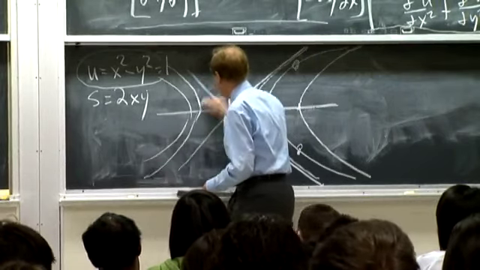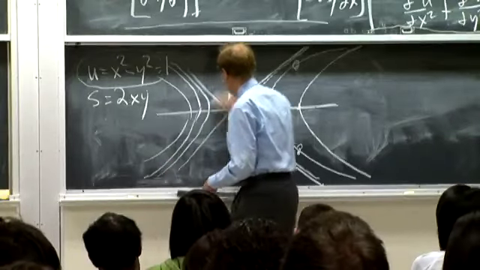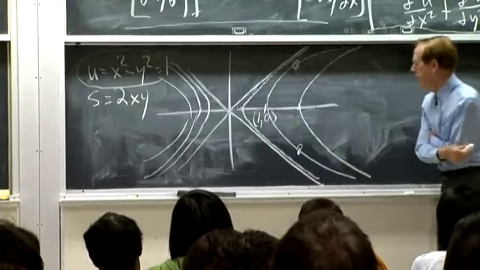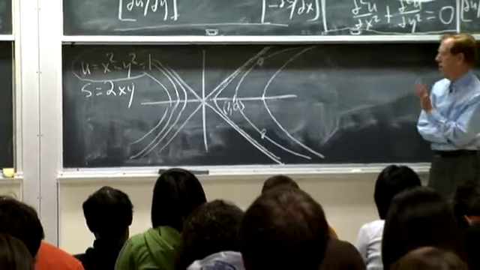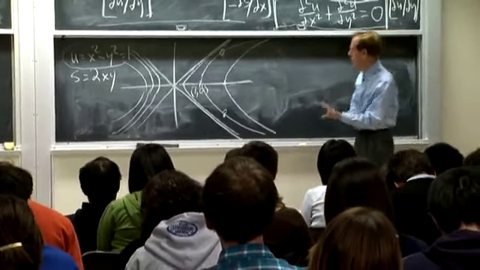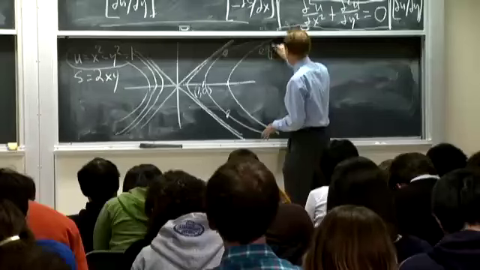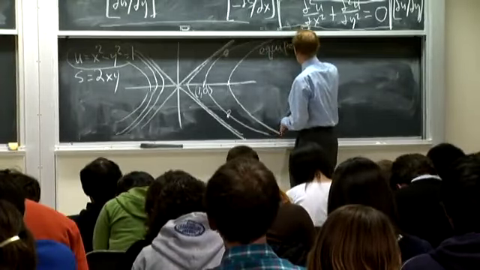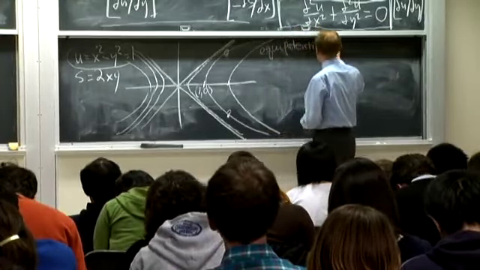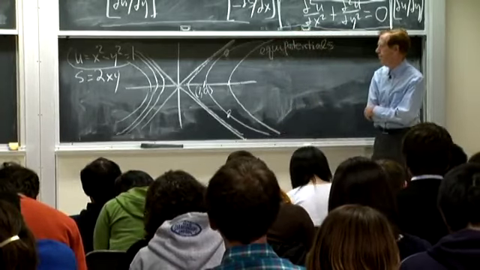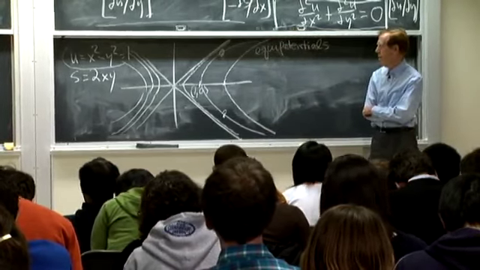So these same guys are on that side of the picture. Those are the equipotentials. So these are the equipotentials. Okay. Now, let me draw s.